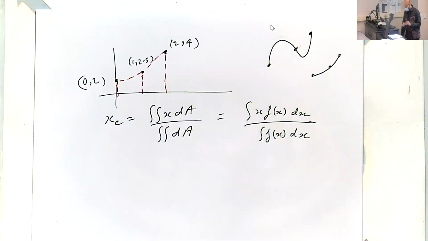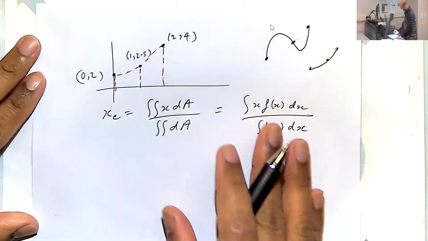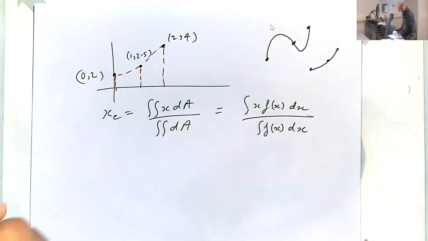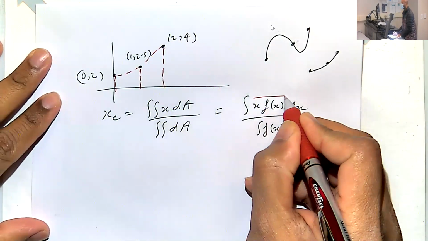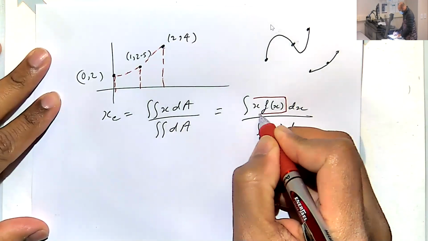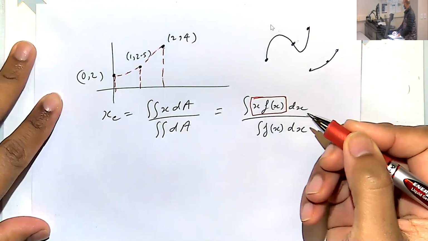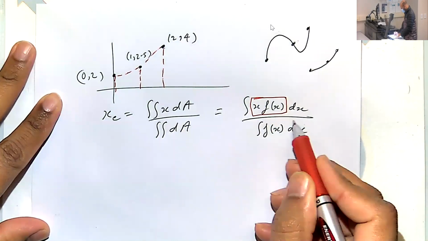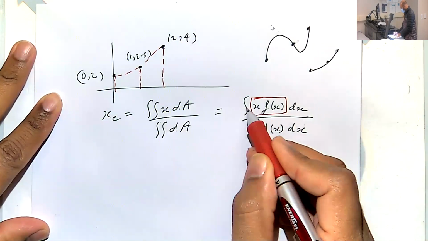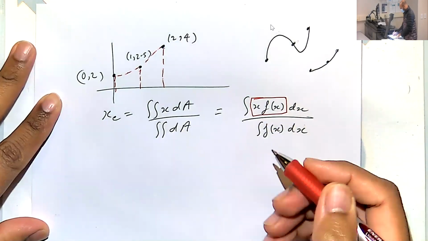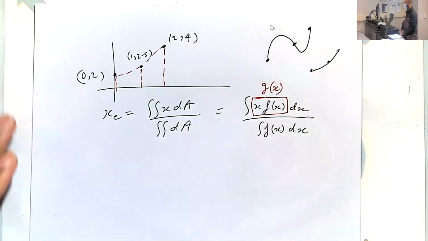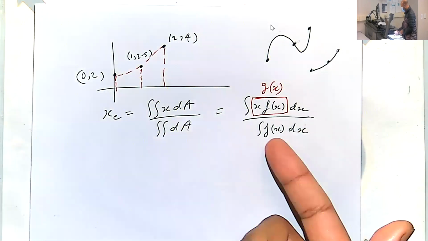This is what looks different from the bottom, correct? That's probably the only thing causing you trouble. So we call this a different function, g of x. Now you can use the same integral method that you did for the bottom.